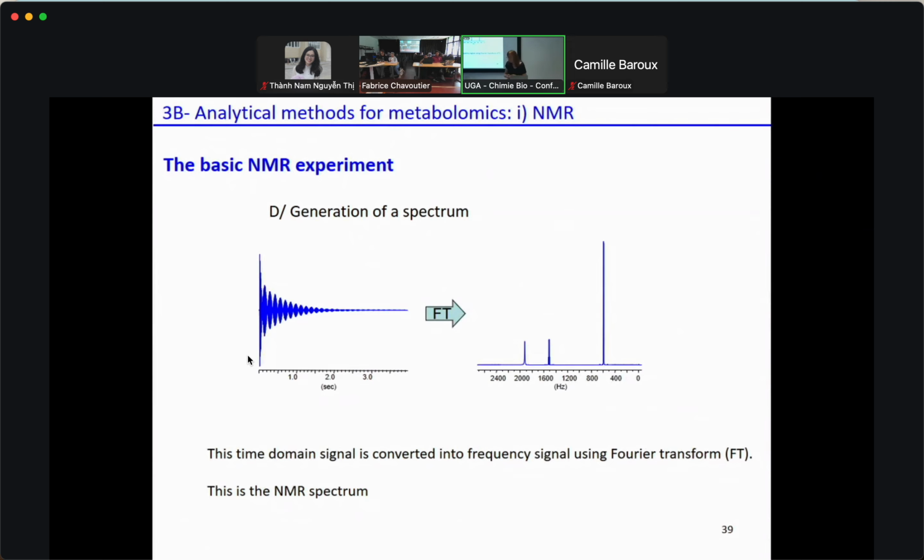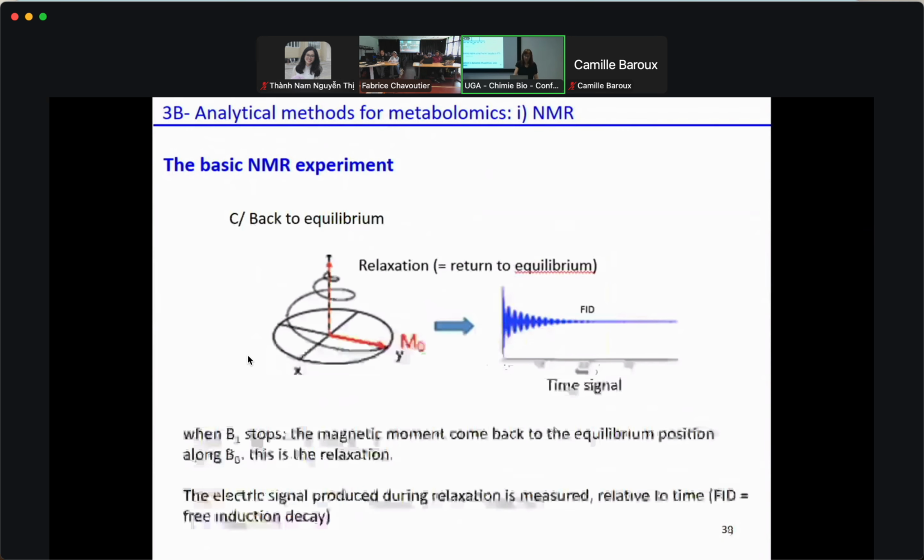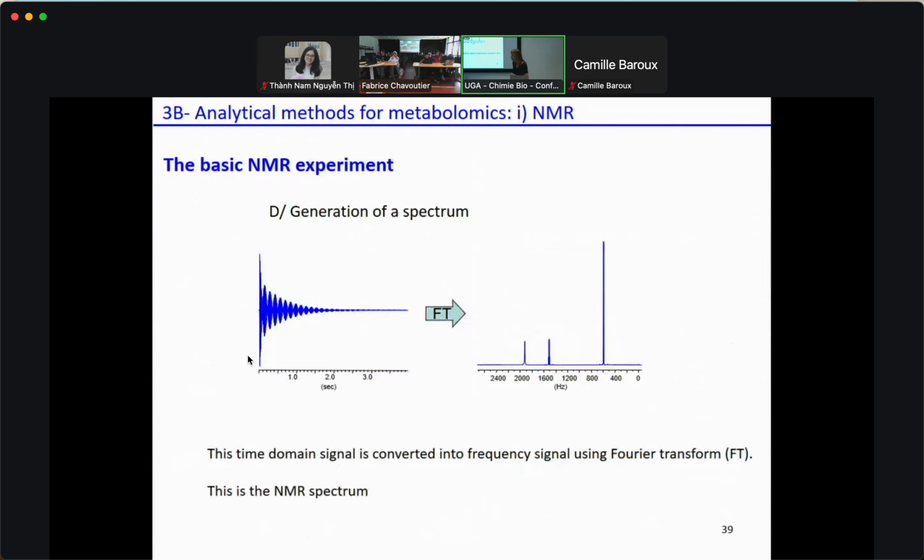Each molecule, each metabolite, has a different signature because there are different hydrogen groups. In a serum or urine sample, there are hundreds or thousands of molecules. Each molecule has a specific signature, but you see the sum of the contributions of all the hydrogen groups of all the metabolites. So after that, we need some tools to deconvolute all this signal.